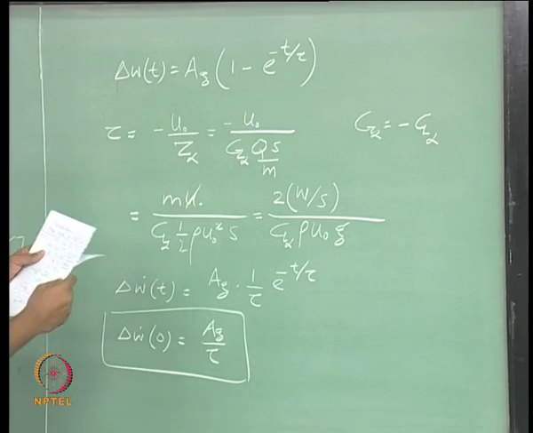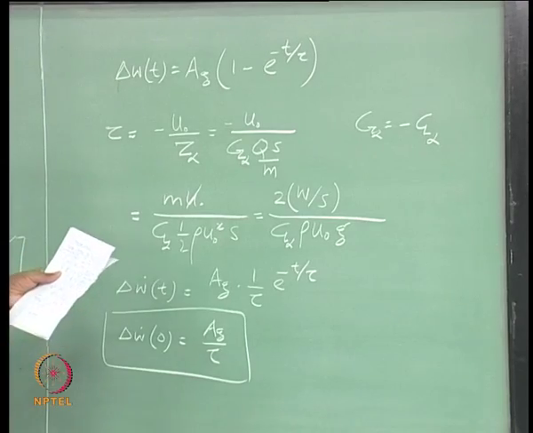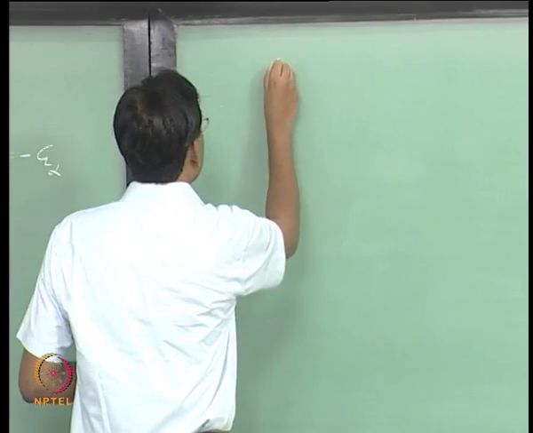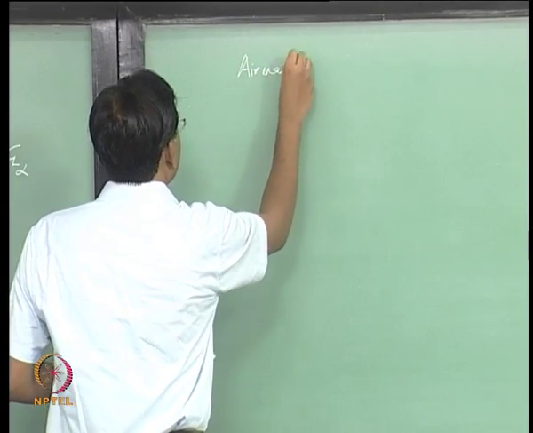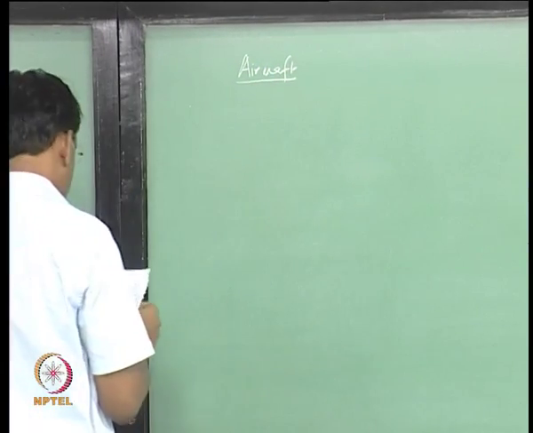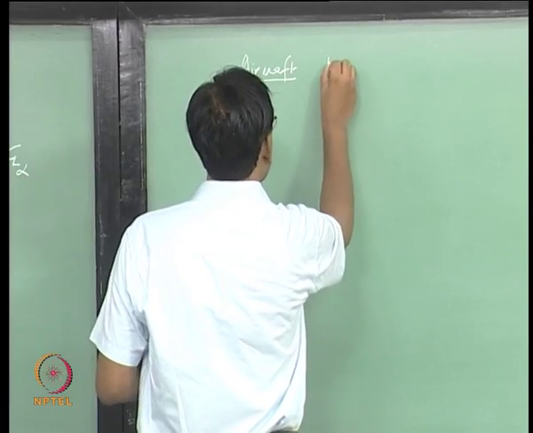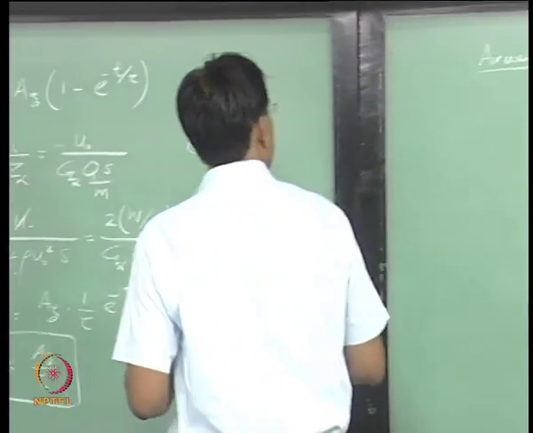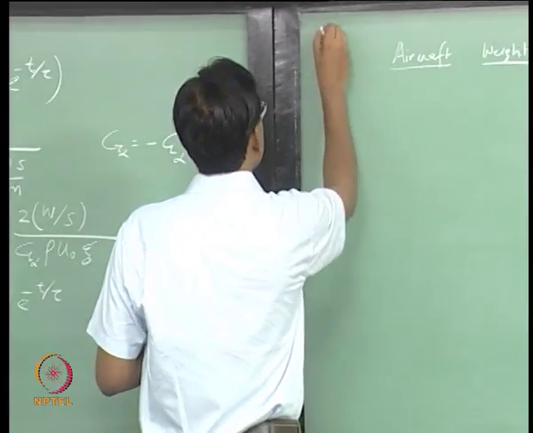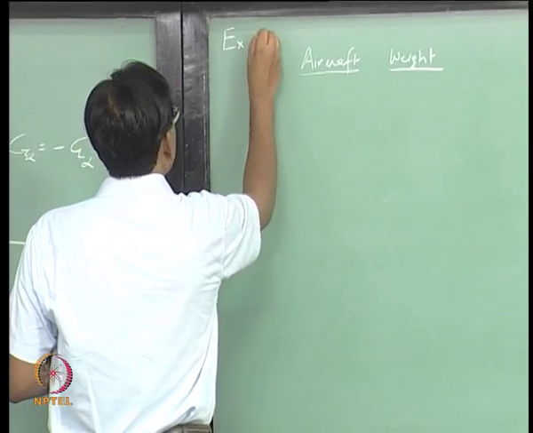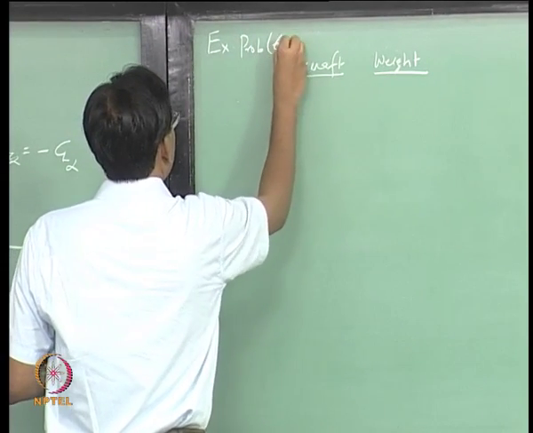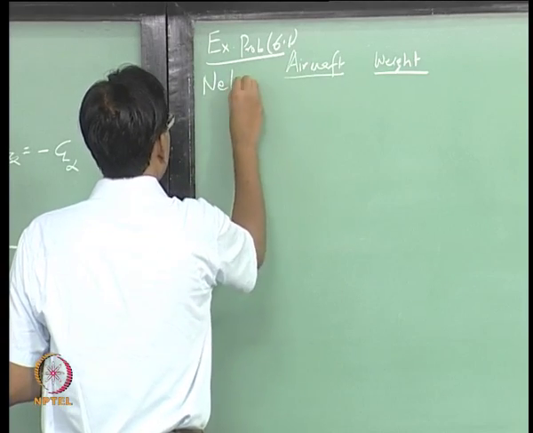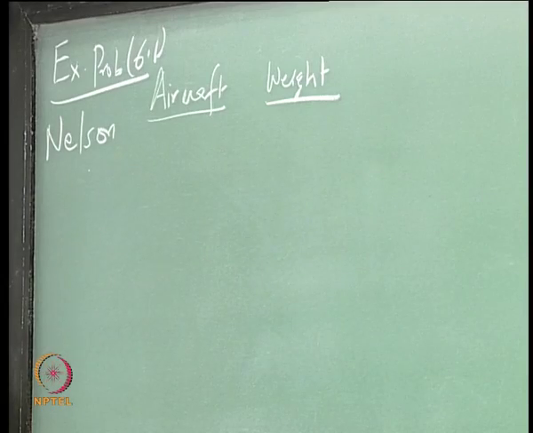right. So, let us try to get some numbers for two different aircraft. This is a solved example problem in Nelson's book.